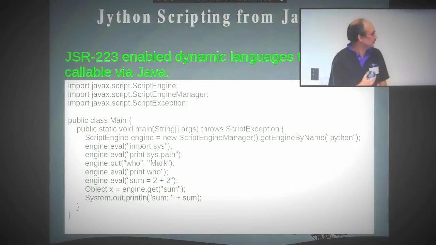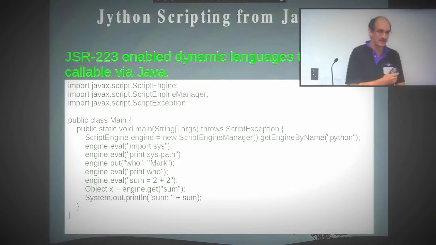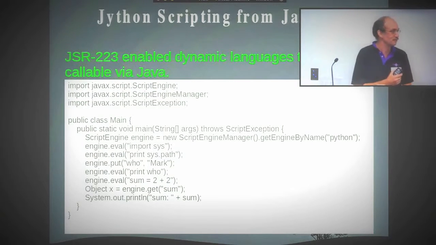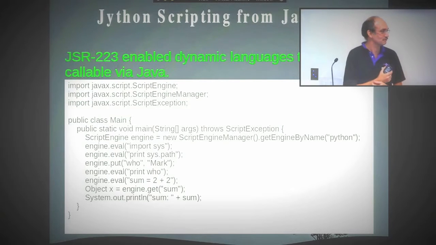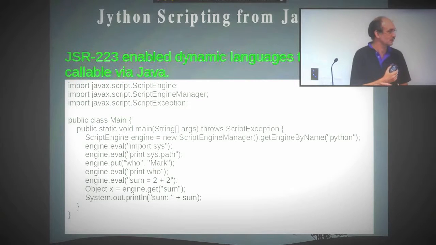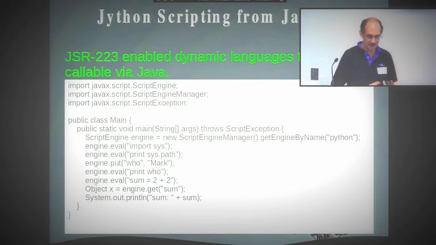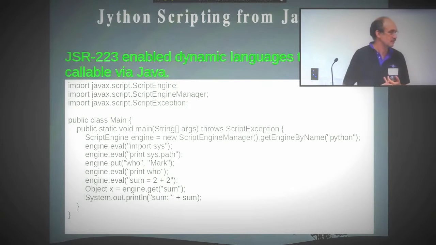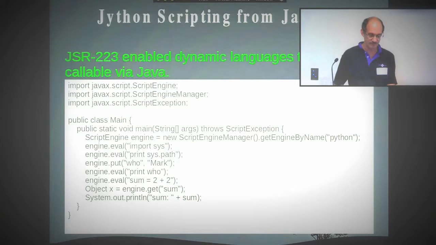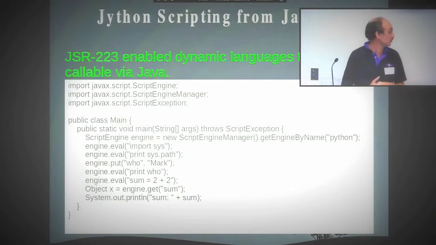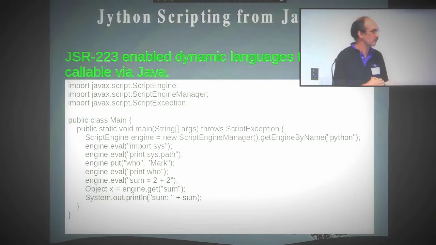The much better way to do it, in my opinion anyway, is you've got this nice Python interpreter, so why don't you just run your Python code from inside your Java code by calling the interpreter. There's two ways of doing this. Since Java 1.6, there has been a mechanism in Java whereby you can embed a dynamic language. This is JSR 223. Basically, as you see there, you can evaluate Python statements, set variables, and pull variables back.